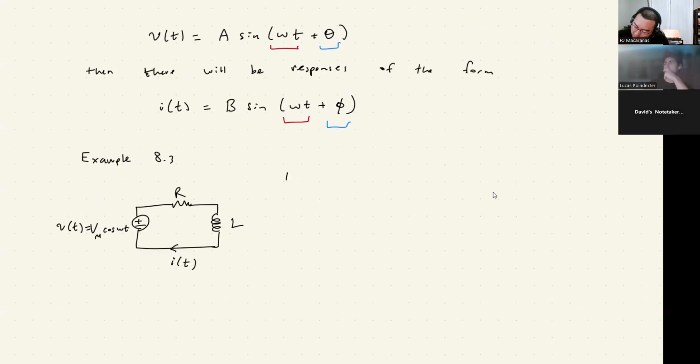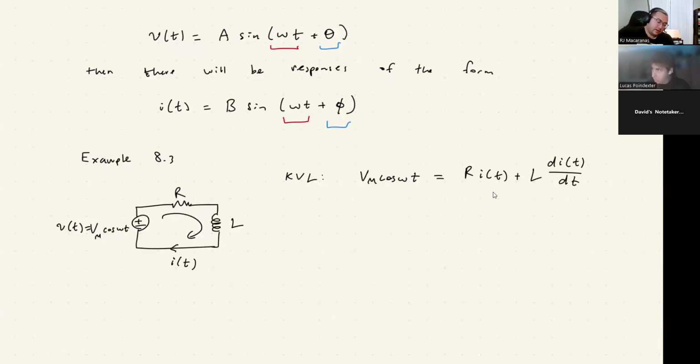If you go through the math, just using the form of differential equations that we looked at before, we start off with KVL, and we've got this Vm cosine omega t. If I go around this loop, I have R i of t plus L di of t by dt. Generally speaking, when you have a non-constant forcing function, we had looked at how to solve differential equations for constant forcing functions before.